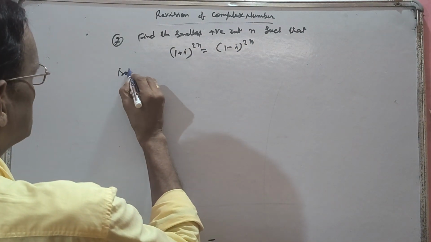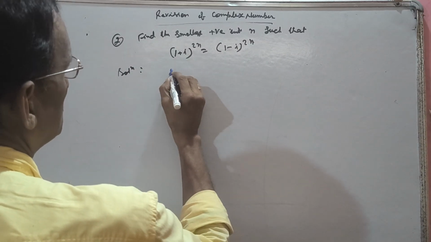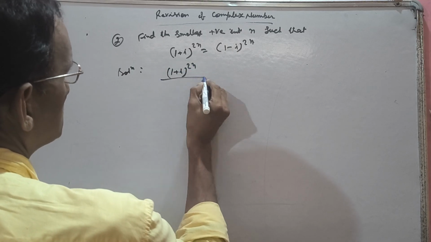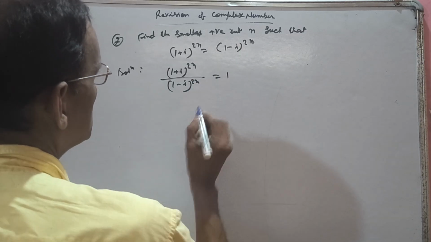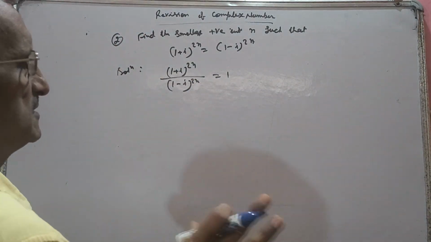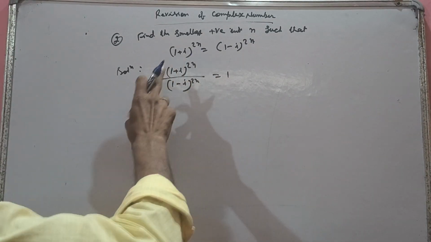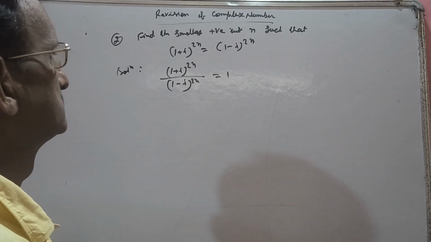So start the solution. We can divide both sides by (1 minus i) to the power 2n. This will become (1 plus i) to the power 2n by (1 minus i) to the power 2n. This side obviously will get 1. Now the question is: we need to find the smallest positive integral value of n such that the value of this expression is equal to 1.